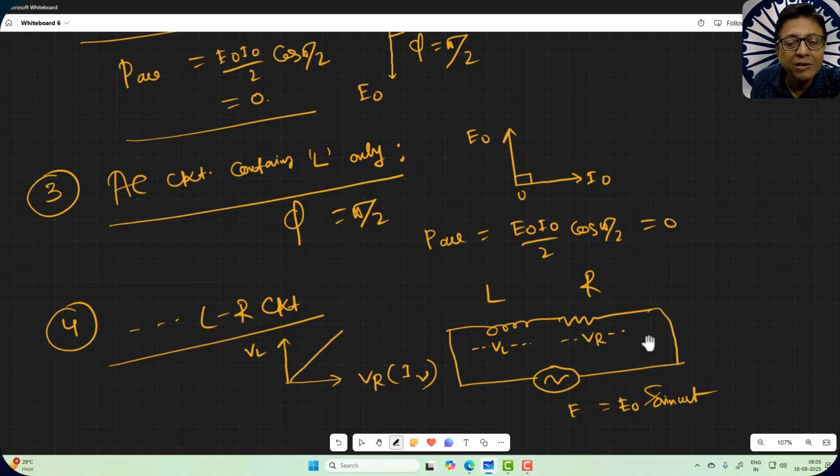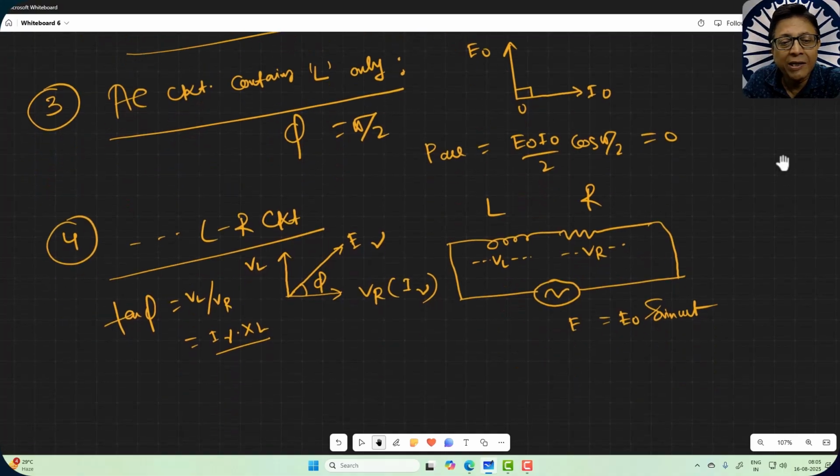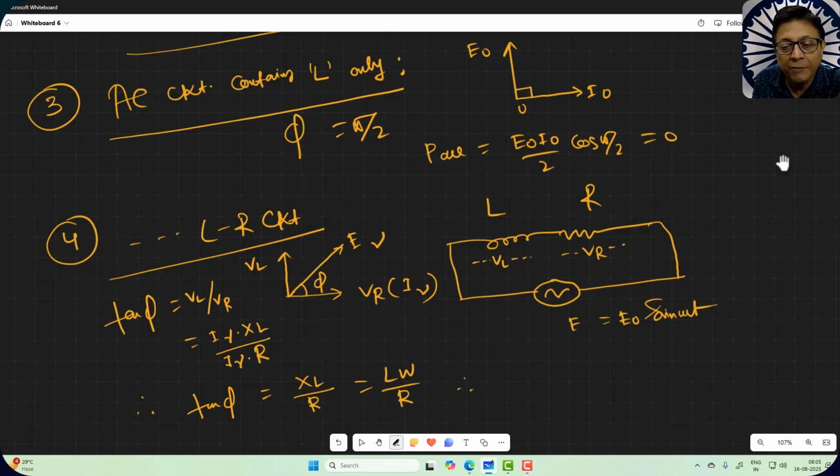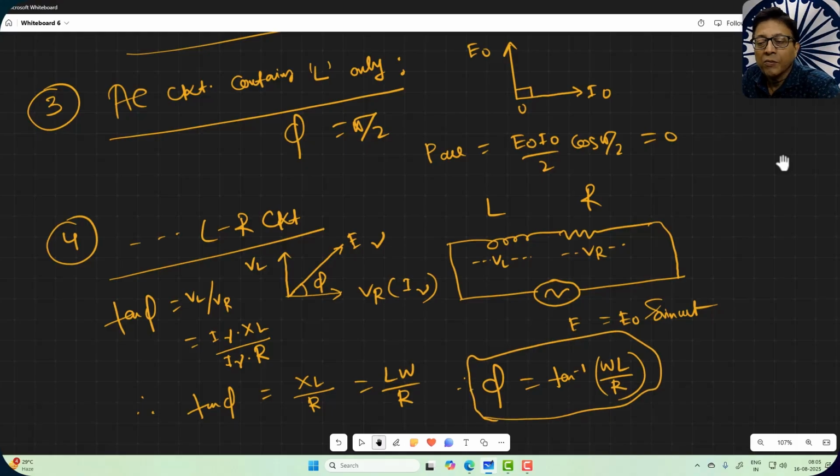At any instant, the RMS value of EMF is the vector sum of these two, and you know tan phi equal to VL by VR, but this VL is I_rms into XL divided by I_rms into R. So tan phi will be XL by R. Therefore, phi will be tan inverse L omega by R. Okay?